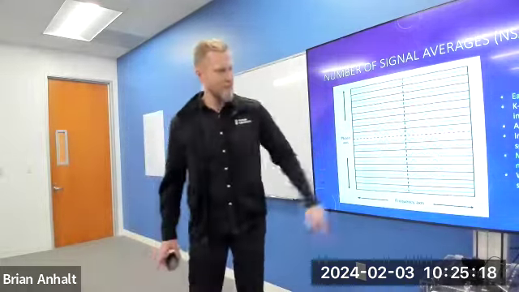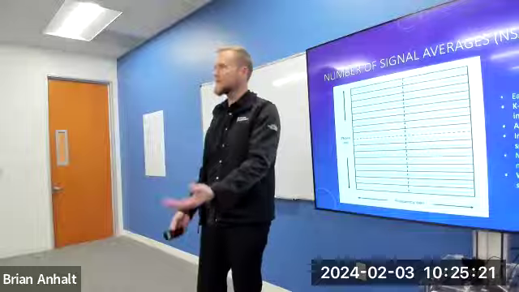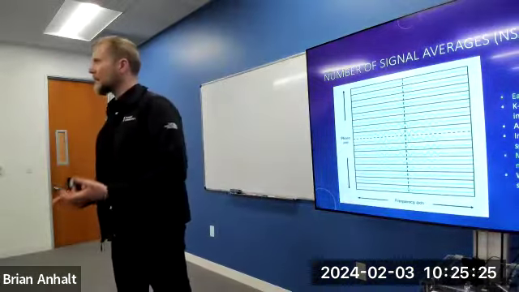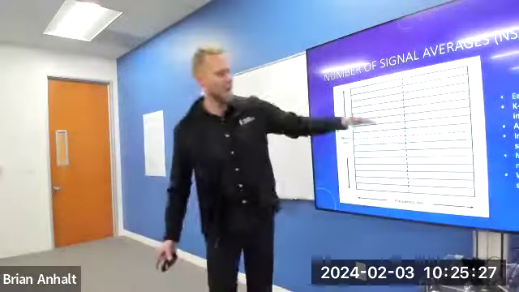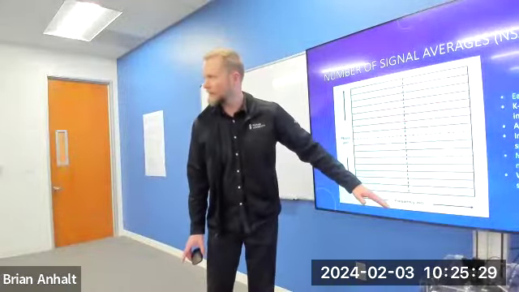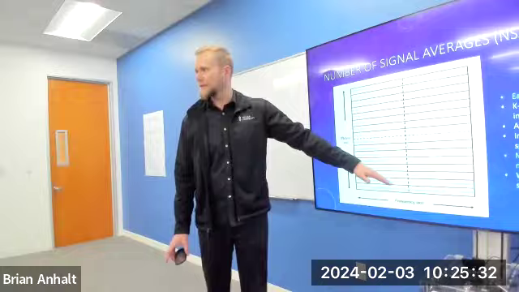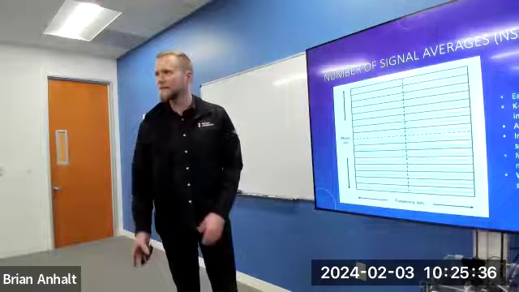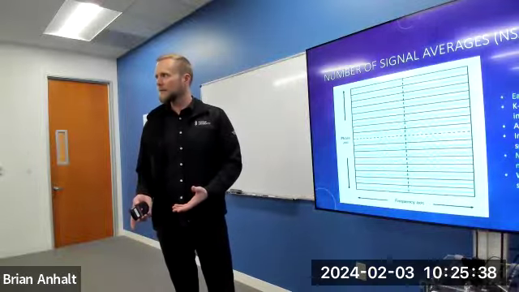The amount of echoes we need to collect is determined by the phase matrix. We'll talk about that later. But it does impact our resolution. So the amount of lines in K-space that we collect affects our image resolution. But the amount of times we fill each one of those lines affects our SNR.